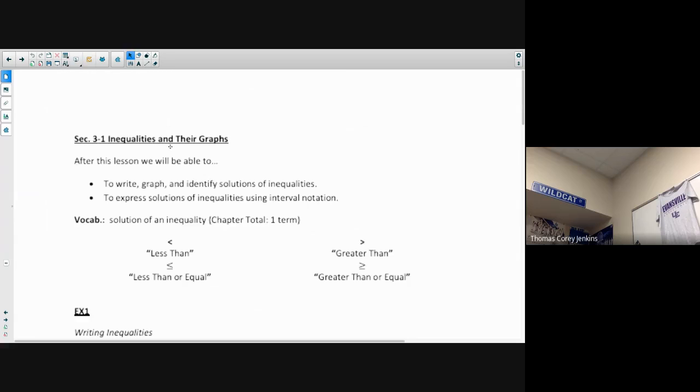Your learning targets are, after this lesson, we will be able to write, graph, and identify solutions of inequalities, and also to express solutions of inequalities using interval notation. Interval notation will be new, but it's a nice thing to know once you know it.